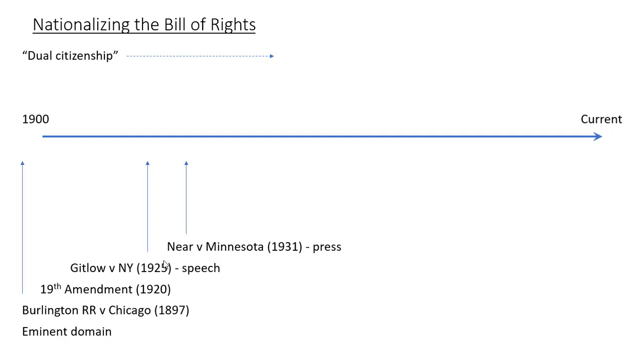And this went all the way to the Supreme Court, and in Near versus Minnesota, the Supreme Court ruled against Minnesota and said, sorry, Minnesota, you cannot censor a free press from saying whatever they feel like they need to say. So this is what was called the concept of prior restraint.